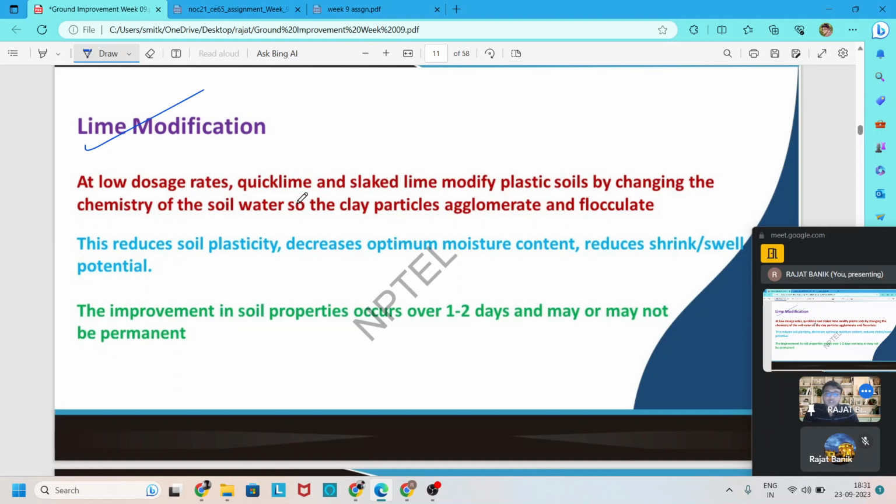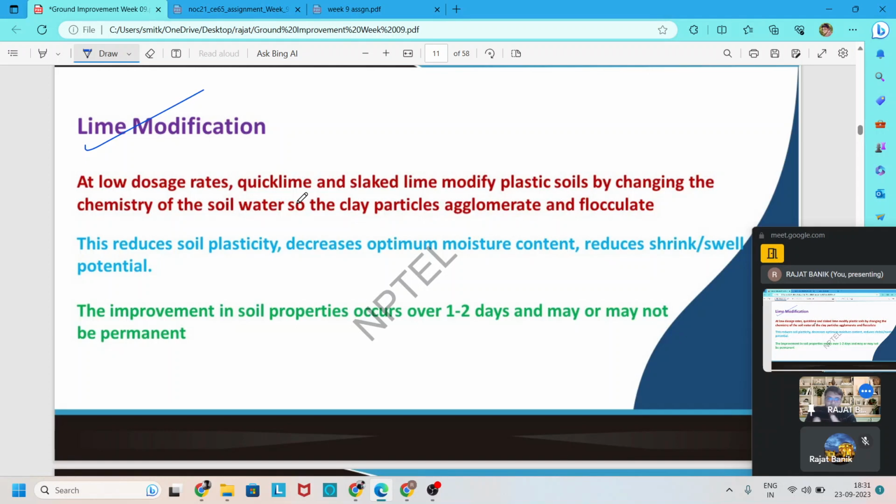We know that the size of a clay particle is less than 2 micrometers, and it is chemically active, or we can say electrically active. So by this electrical force, it absorbs water.